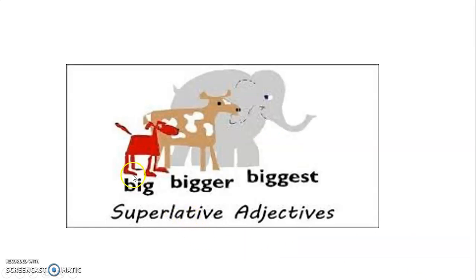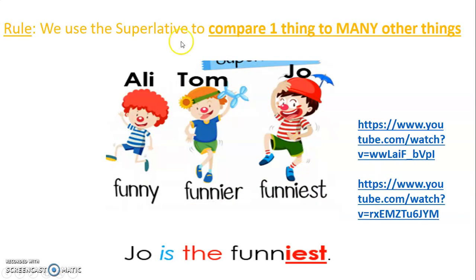So we saw just before that big is an adjective, bigger with ER is the comparative, and finally now the superlative adjective is biggest, EST. Okay, the rule is that we use the superlative adjective to compare one thing to many other things.